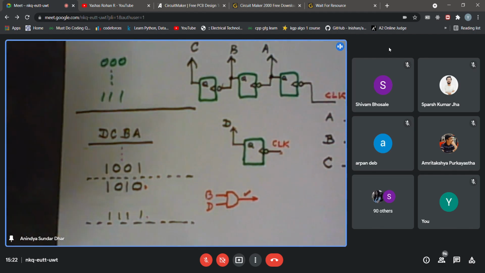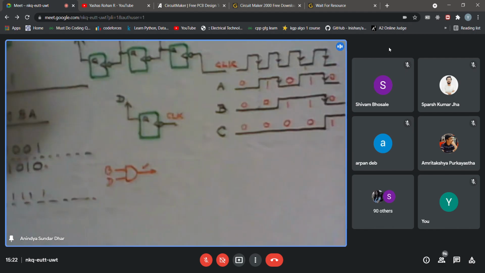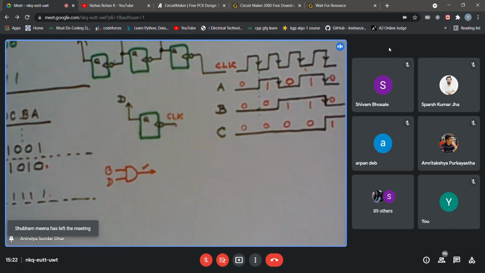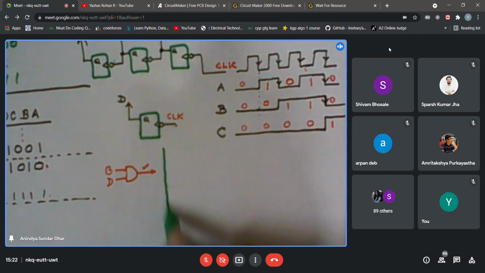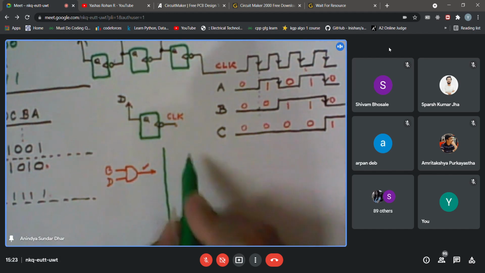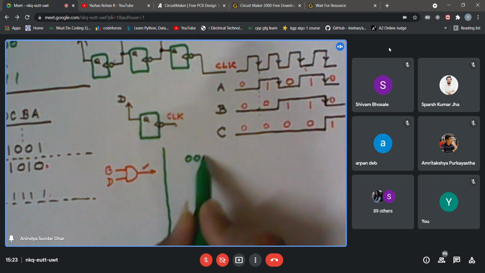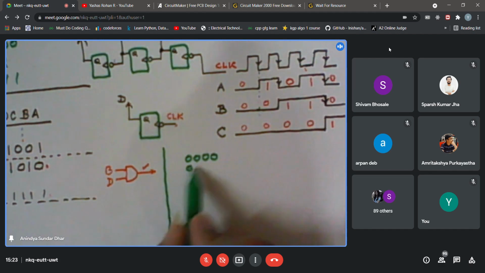So I'm posing a problem to you. Forget about this resetting as such. Suppose I have a binary counter. It starts counting from 0000, goes to 0001, then 0010, then 0011, and so on.